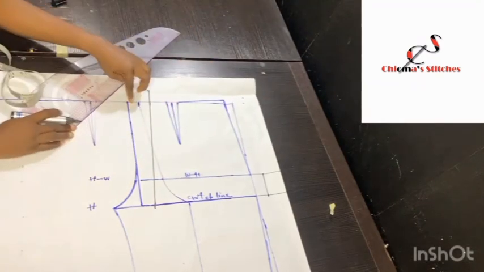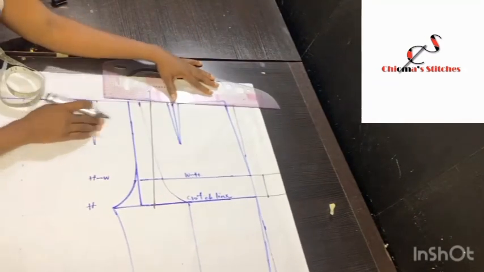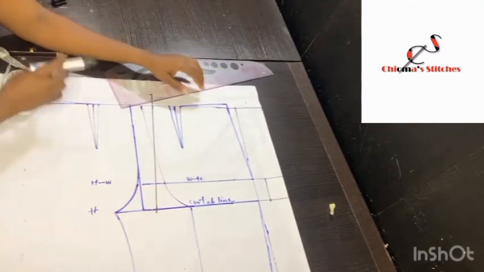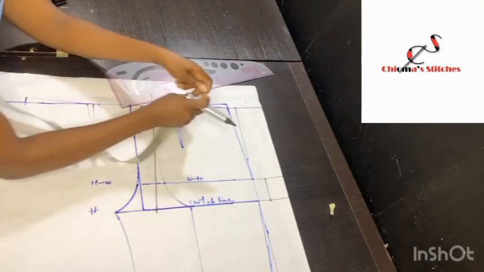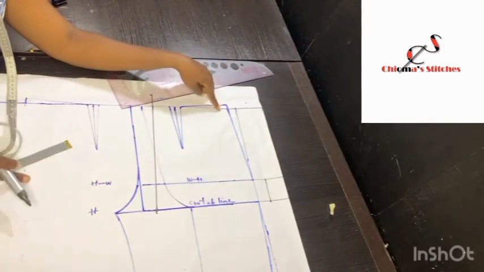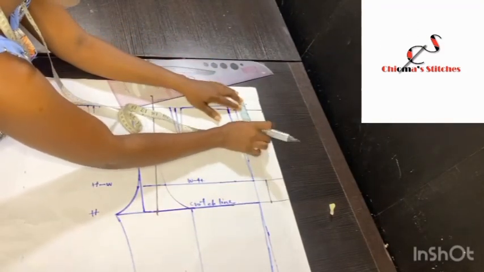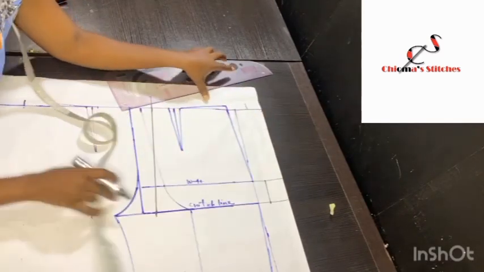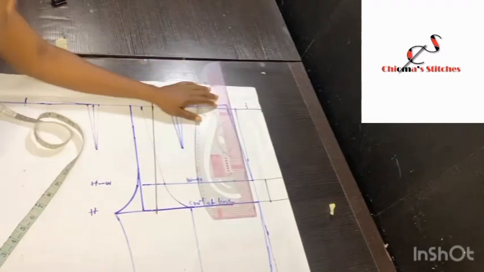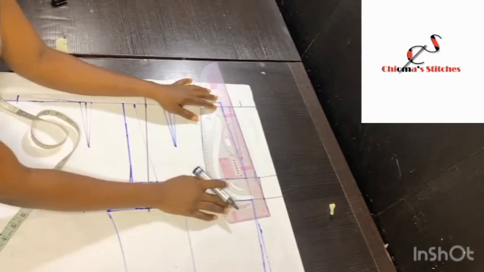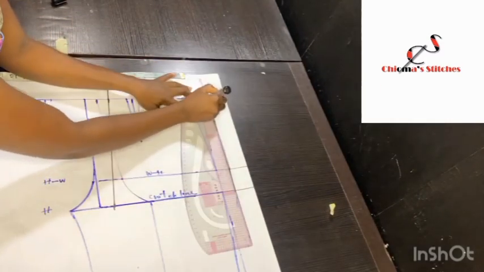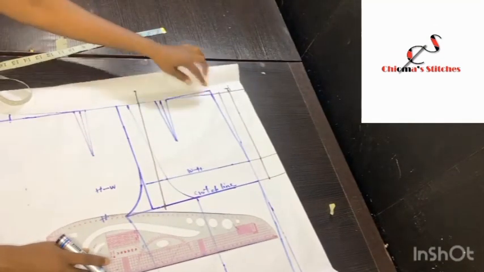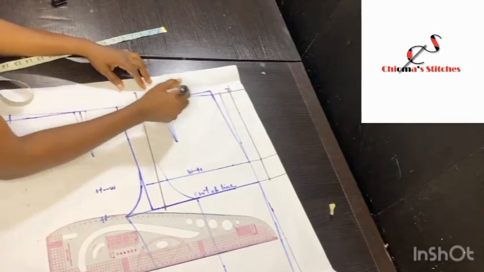And then you can also rule this waistline all the way to the end, because from this waistline we'll also come up by half an inch as well, like we did here for the front pattern. So now I am going to be connecting this to the new line, and then from here I'm going to mark it, ruling this line.